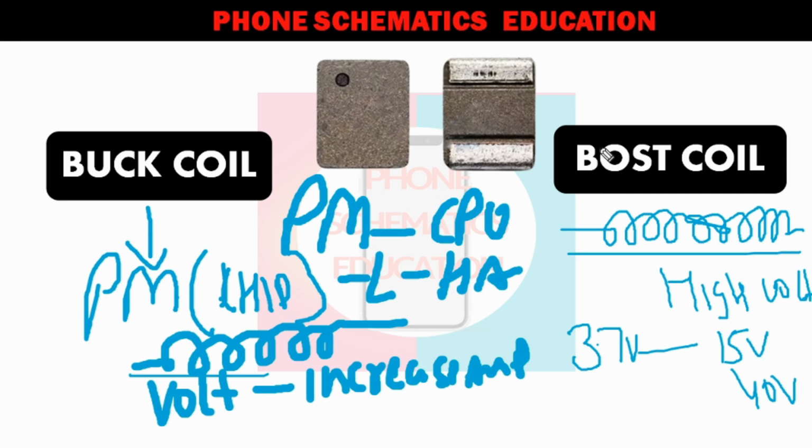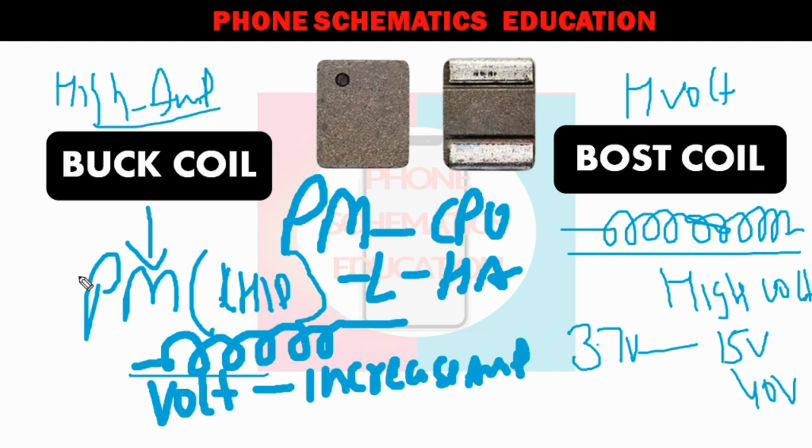Boost coil is used for high voltage, buck coil is used for high ampere, low voltage.